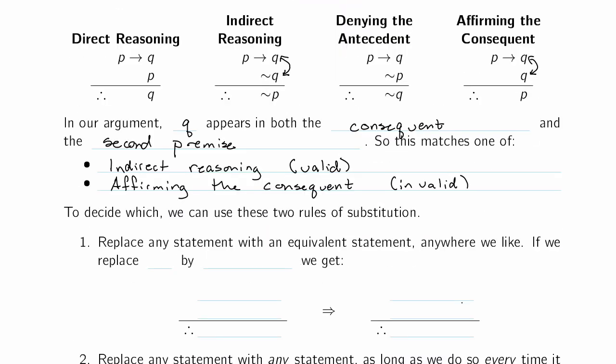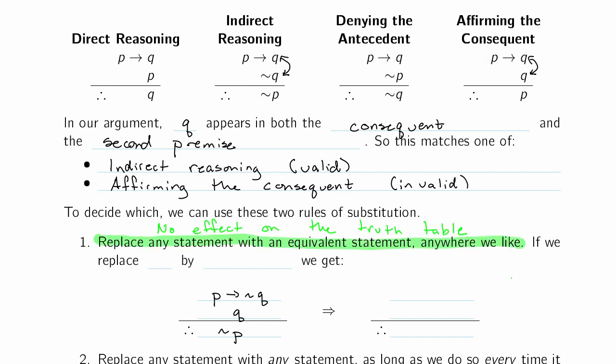So the first move we can make is to take our argument, if P, then not Q, Q, therefore not P. The first move that we can make is to replace any statement by an equivalent statement anywhere. The reason that this move is legal is because when we replace a statement by an equivalent, well, that has no effect on the truth table. That's what it means to be equivalent.